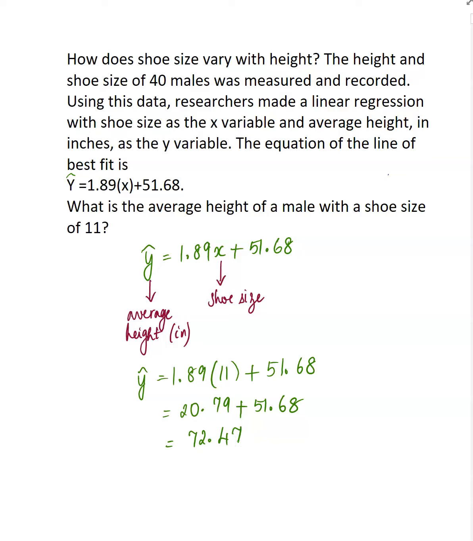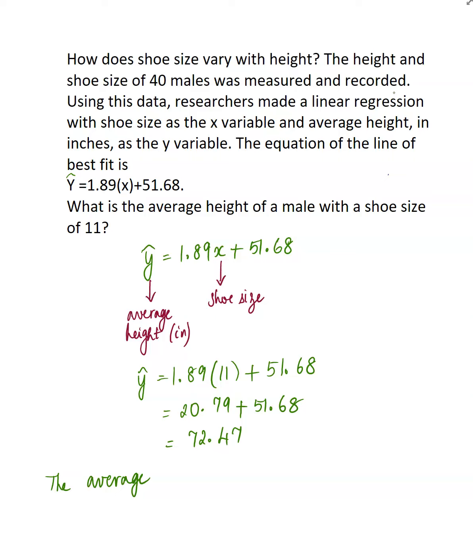Then see if this is reasonable. Well, you're asked to interpret this. Now it says the height and the shoe size of 40 males were measured and recorded. We don't have access to that list, so we really can't tell if this is interpolation or extrapolation.